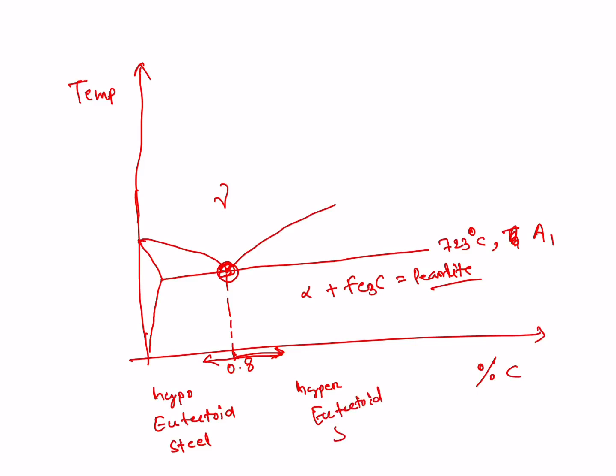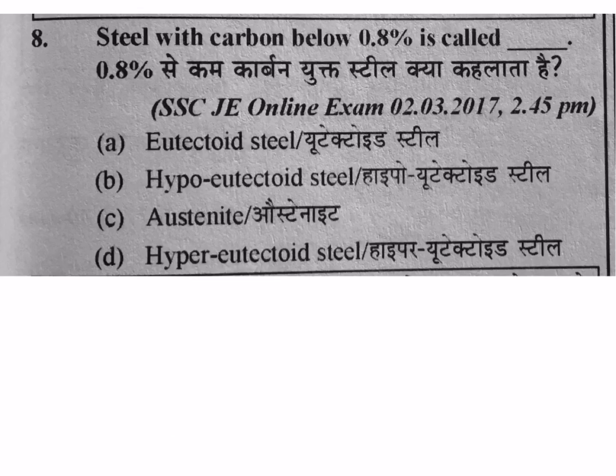Eutectoid steel. So in this question, what they asked is less than 0.8%, so you will get hypoeutectoid steel. Eutectoid steel you will get at 0.8% carbon, 723 degrees Celsius. And hypoeutectoid steel you will get at less than 0.8% carbon.